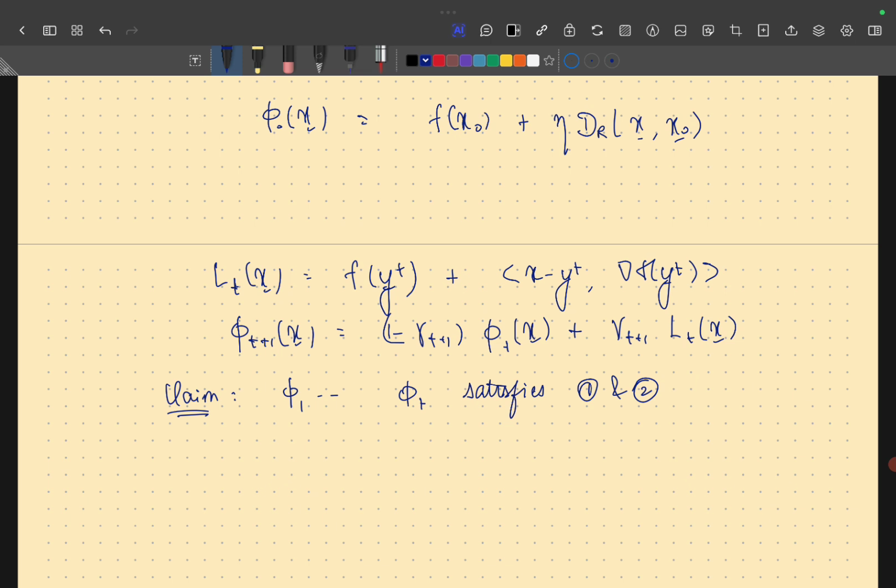All right. And claim 2, then we can achieve T to be order LD square divided by epsilon.